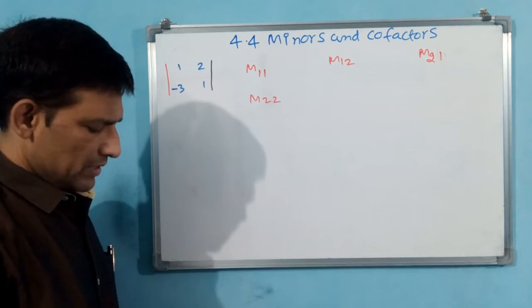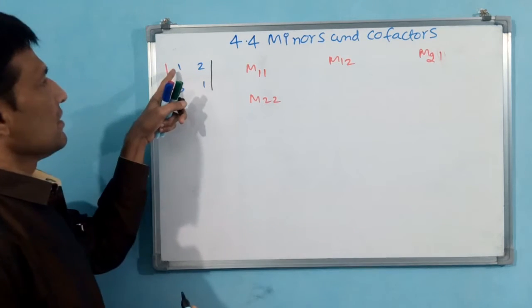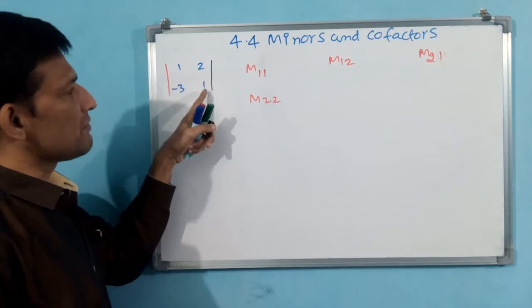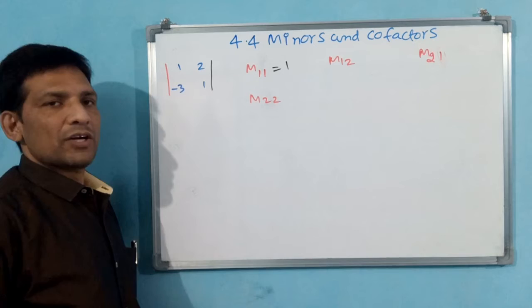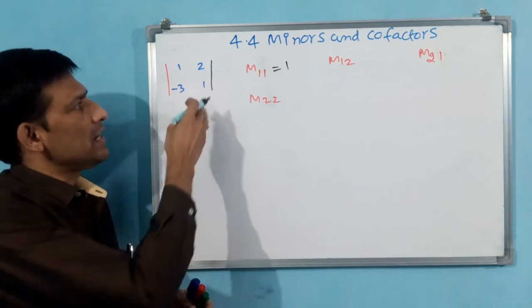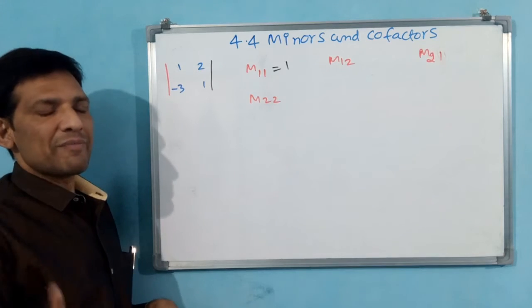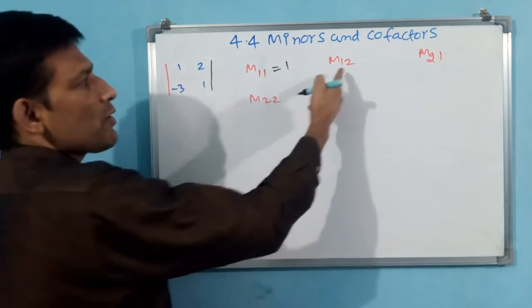Now see, M11 means what? You have to close the first row, first column. If you close, what will be left? 1 only. That's all. You need not do anything. Why? Because here 4 elements are not there to make AD minus BC. Only 1 element is left, and that is the minor.